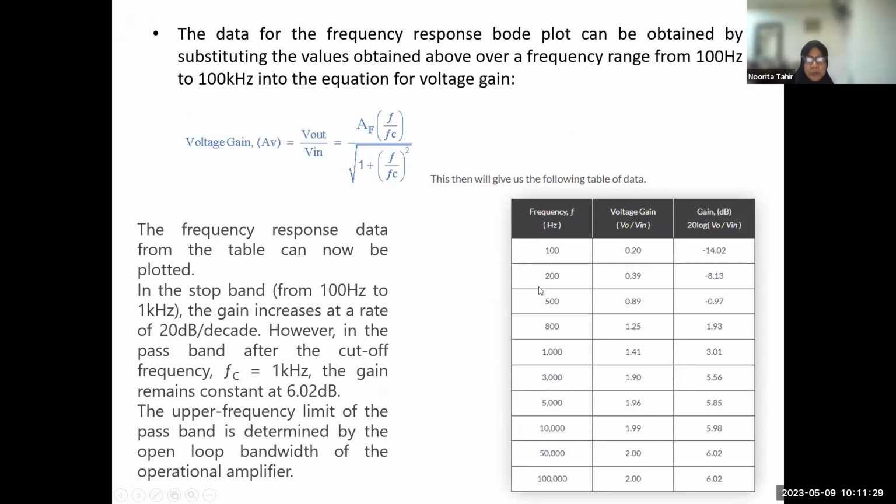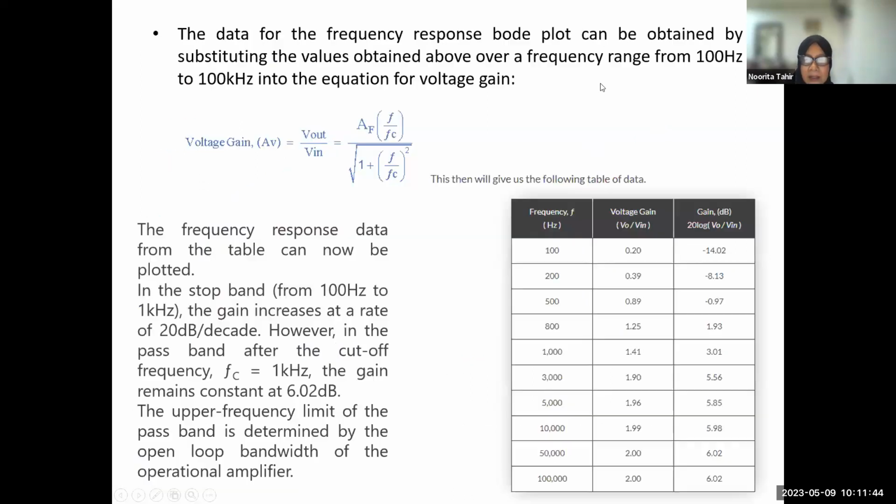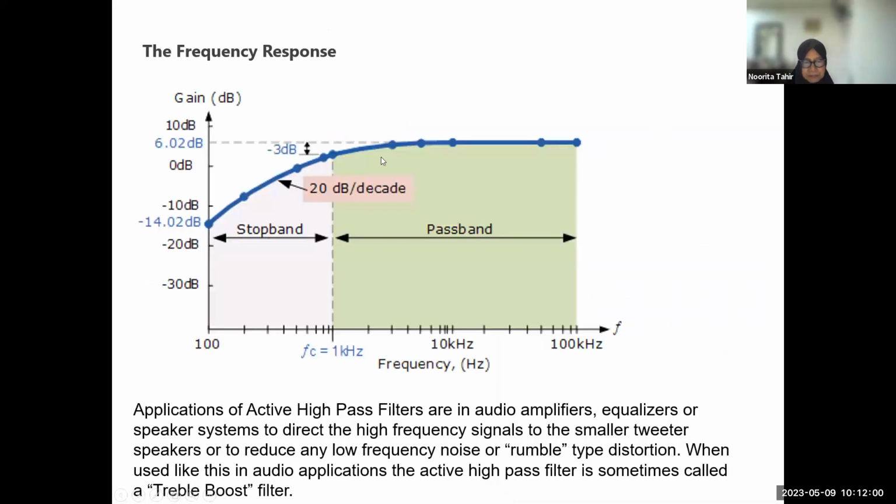If you compute one by one, you will get this kind of data or table, and that's how we plot the frequency response, based on the voltage gain. What I have given you here is actually the answer straight away. You need to plug into the equation, only then you can plot here.